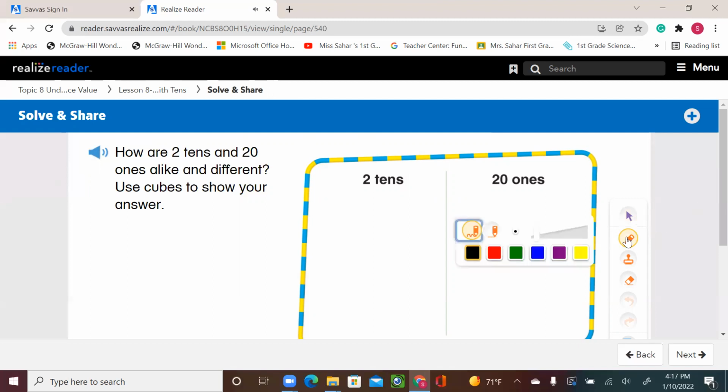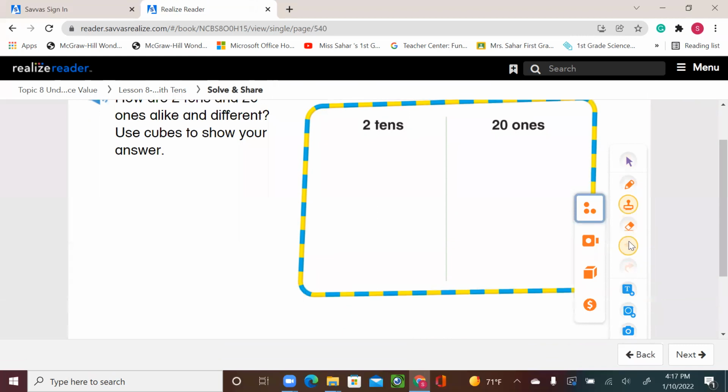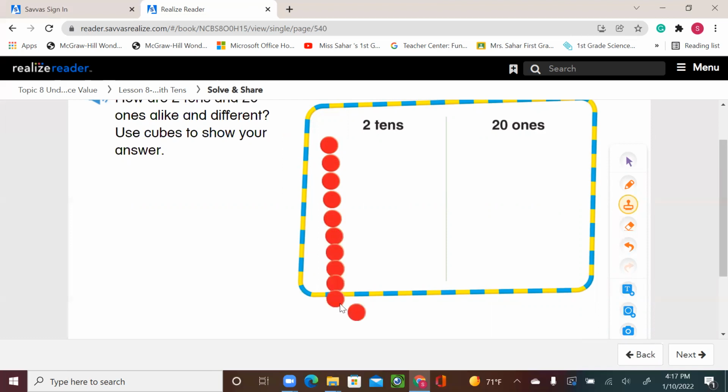If I'm going to use my cubes, or counters, so this is 2 tens, that means I need to add 10 counters. So 1, 2, 3, 4, 5, 6, 7, 8, 9, 10. So that's a group of 10.